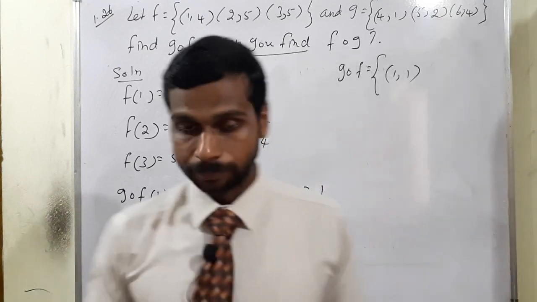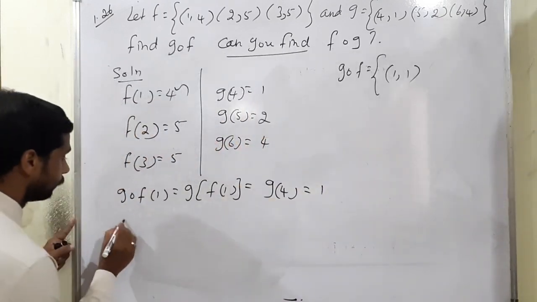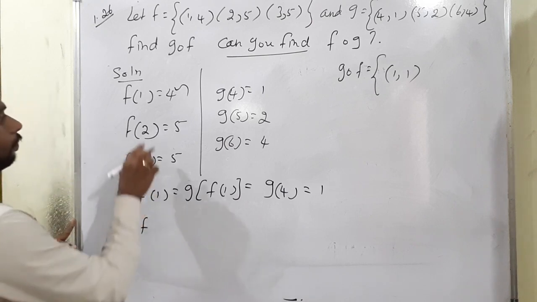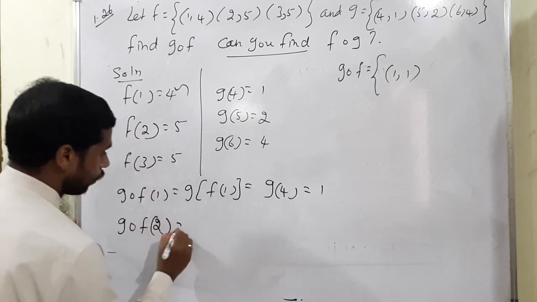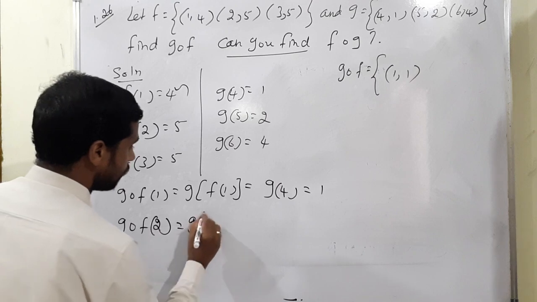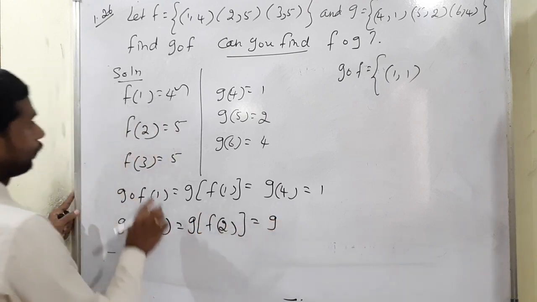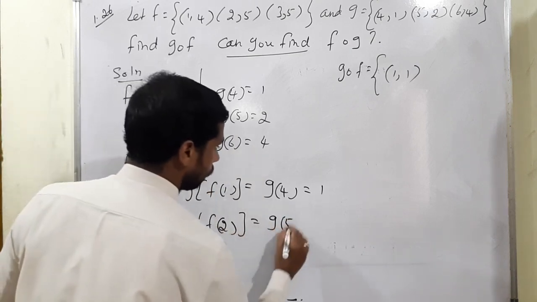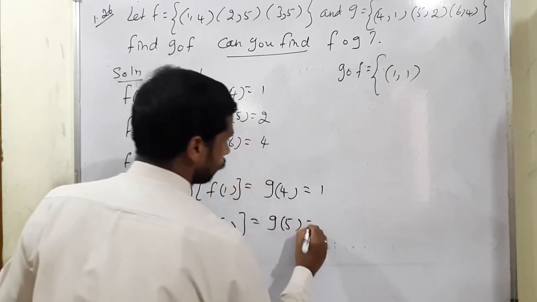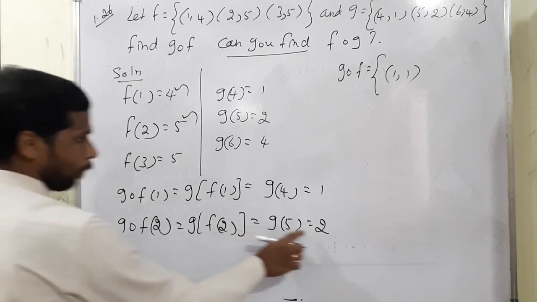The next pair, g dot f of 2: g of f of 2, f of 2 is 5, then g of 5 is equal to 2, therefore the next pair is 2 comma 2.